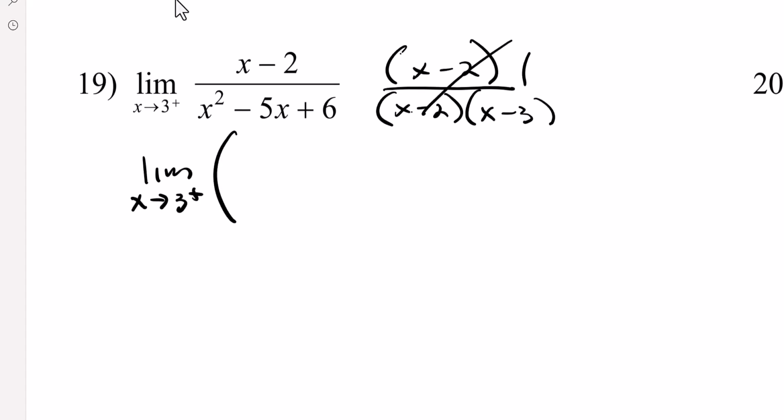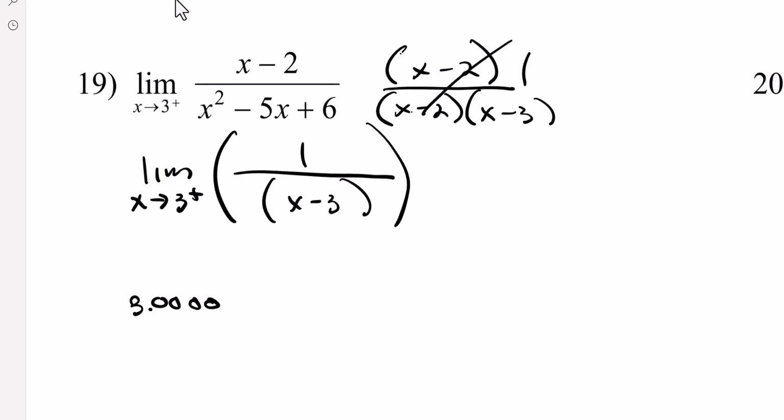Sometimes these don't help. In this case, I think it does help. Okay, so we're approaching 3 from the right, so that's going to be 3.0000. So now you've got 1 over this infinitely small number, right? So that's going to turn 1 into a trillion. So we know that's going to be positive infinity.